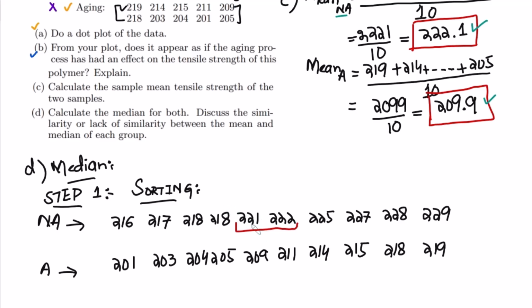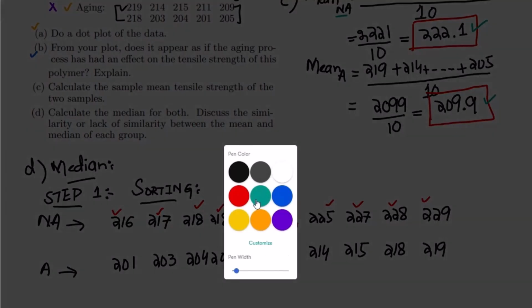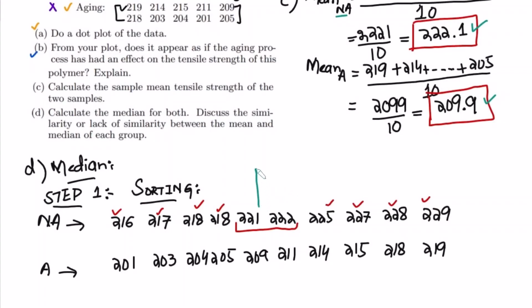So we can see that 221, 222 are the middle two numbers, because there are 4 numbers at the left side of it, and also 4 points at the right side of it. So in order to find the median, what do we have to do? I have to take them and find the middle of them.